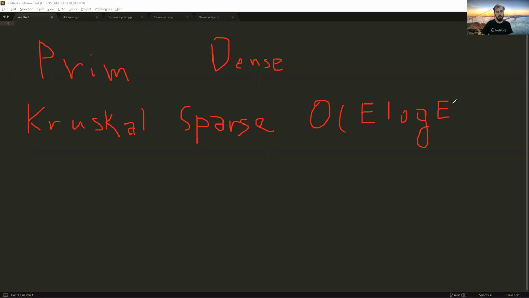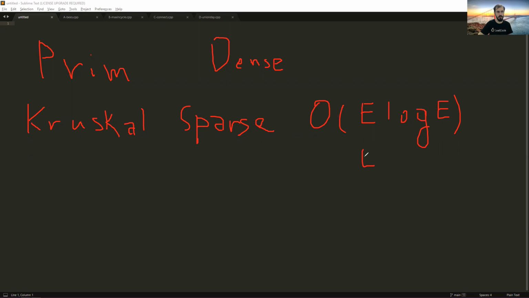Because you want to sort all the edges. And then you have relatively cheap operations with disjoint set union that are dominated by this summand. Well, Kruskal runs in this amount of time.